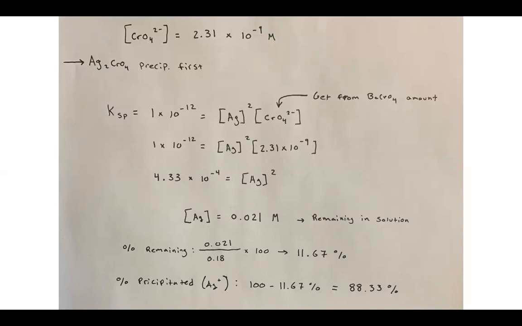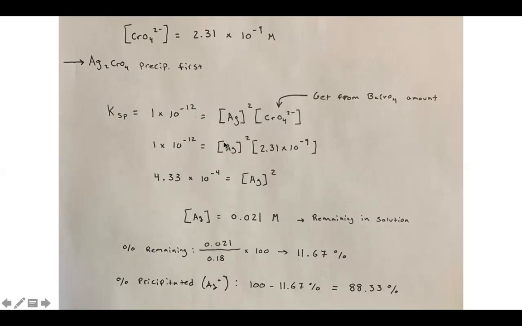To solve for this, you're going to take your KSP equation for the solid that will precipitate first. So silver chromate will precipitate first, and its KSP is equal to 1 times 10 to the negative 12th, and that's equal to my silver concentration squared times my chromate concentration.